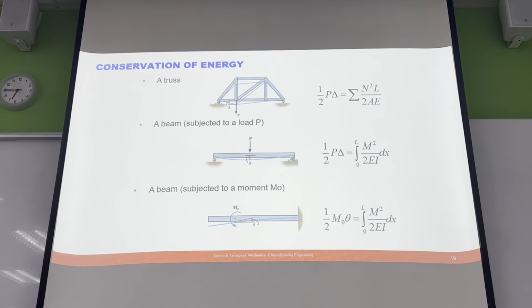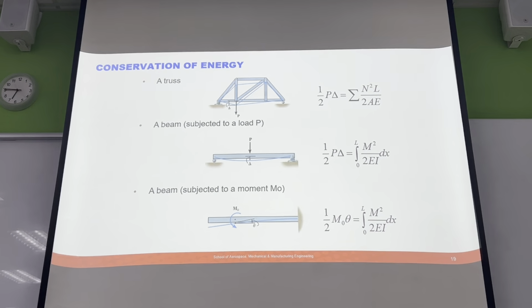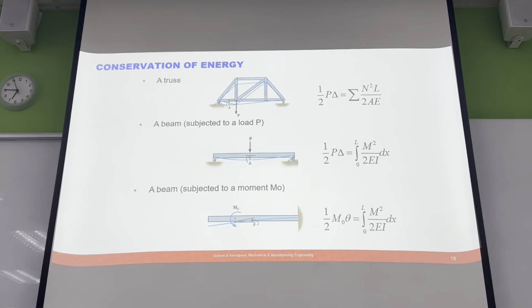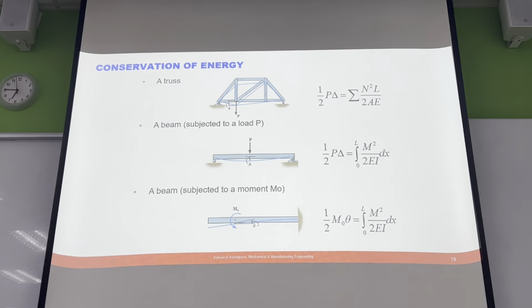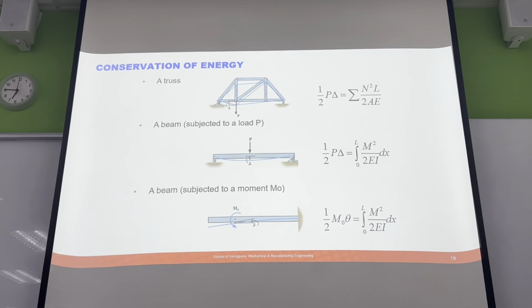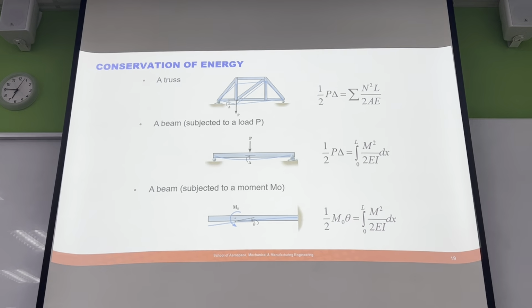So we can use that. What we want to find here is the deflection at any point where you're loading it up. Here we just have one beam, but you could have any sort of beams. It doesn't have to be limited to this. So that's what we're going to make use of.